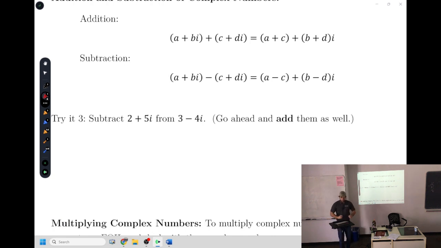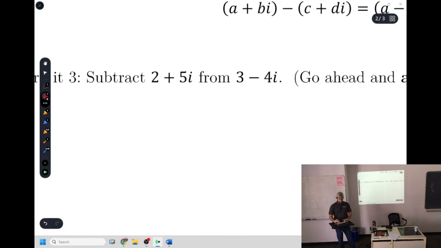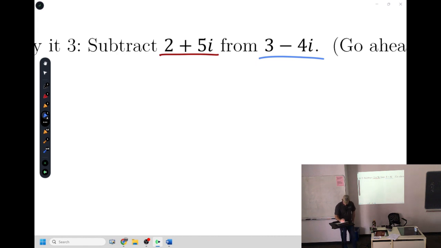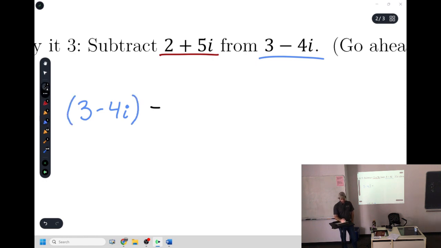You can subtract two numbers, right? And I'm here to tell you it works exactly like you think it should work. The way you would think a variable works is exactly how this works. So take away this red thing from this blue thing. So 3 minus 4i. There's one mistake that could happen here, which we've already seen a bunch in this class. Be really careful not to make it.